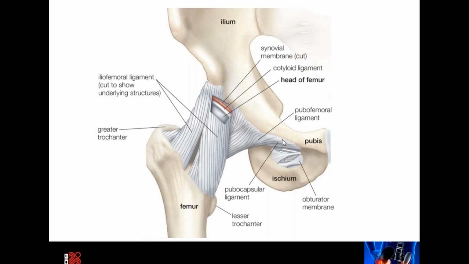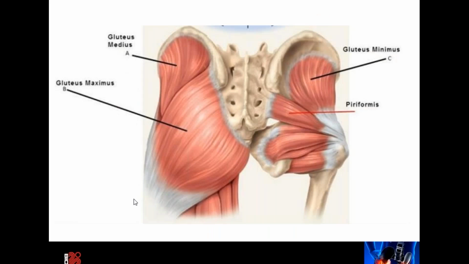There's a very large capsule or ligaments that keep the ball and the socket together. You can see that there's an iliofemoral ligament and other forms, like the pubofemoral ligament, that keep this joint firmly in place. It's very difficult to dislocate your hip, it usually takes quite a bit of trauma for that to happen, unlike the shoulder joint that can dislocate much easier because it's more of a shallow ball and socket joint.